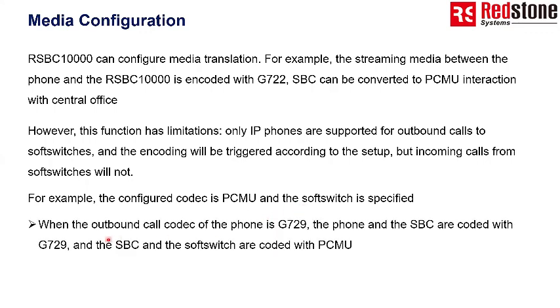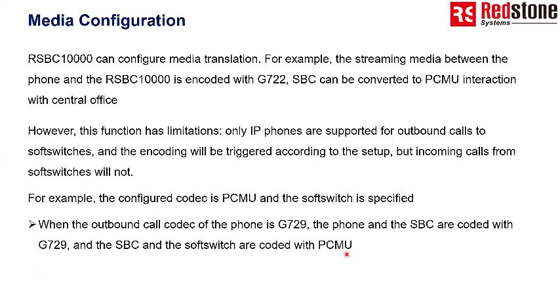For example, the configured codec is PCMU, and the soft switch is specified. If during an outbound call the codec on the phone is G729, the phone and the SBC are coded with G729. However, the SBC and the soft switch are coded with PCMU.